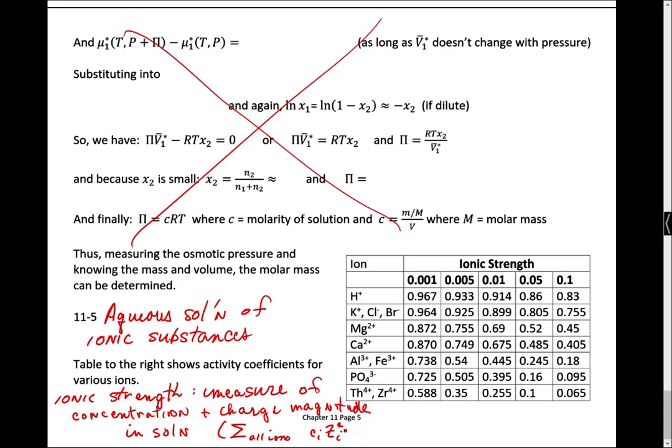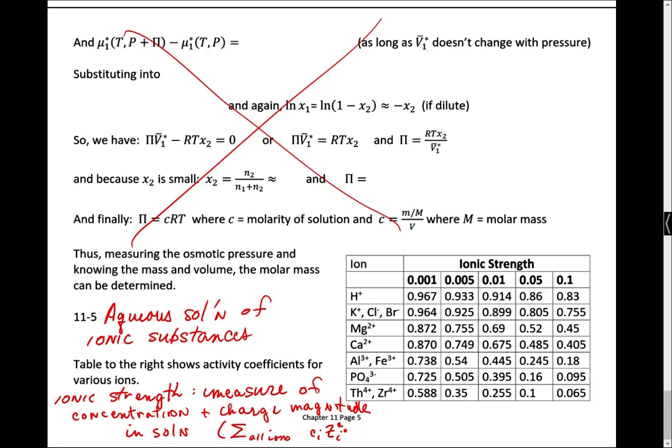But basically, this is squared because I can have positive or negative charges, and for sodium chloride, this would be +1 squared, and then whatever the concentration of the ions are. And then for the chloride, I'd also have to include -1 squared, right? And it's pretty clear that the larger the charge, that's going to increase the ionic strength rapidly, all right?